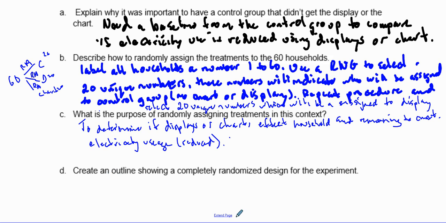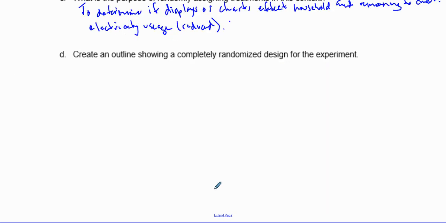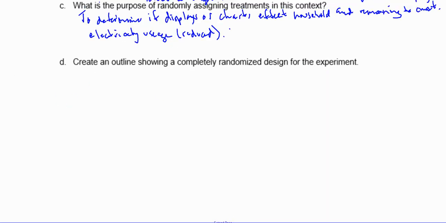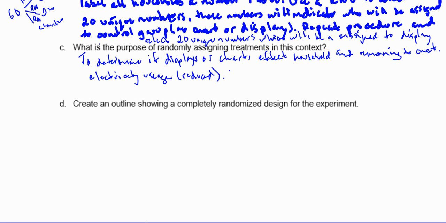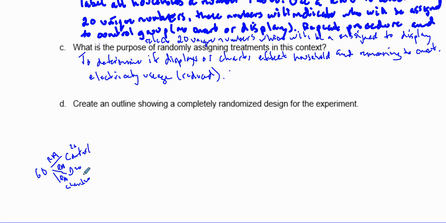Now create an outline showing the complete randomized design for this experiment. I already kind of did that up here, so I'm just going to bring this down. You're going to have 20 random assignments for the control, 20 for display, and then you give the treatments.